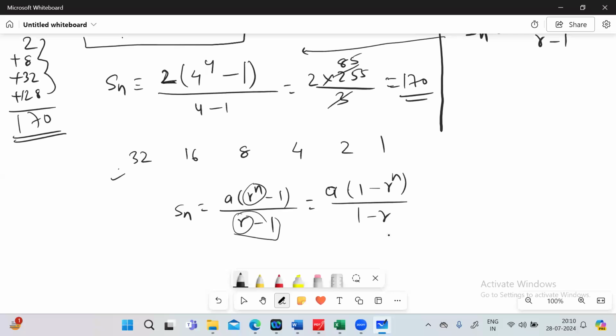So here I will not have to deal with any negative term. I'll directly get the sum. So if we put here, the first term is 32, 1 minus 1 by 2 to the power 6, divided by 1 minus 1 by 2.